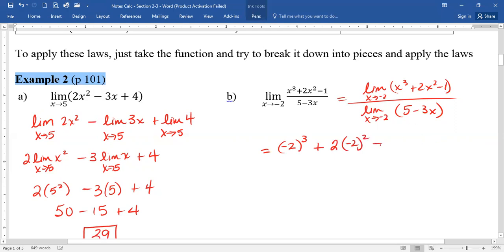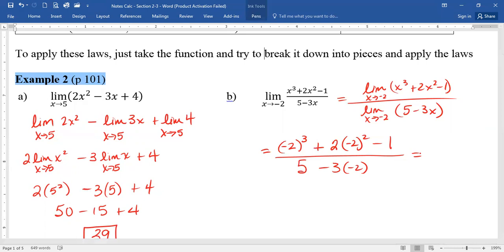And then the limit of a constant is just that constant, right? So on the bottom, limit of a constant is a constant, and then the minus 3x, well, that's -3 times the -2.